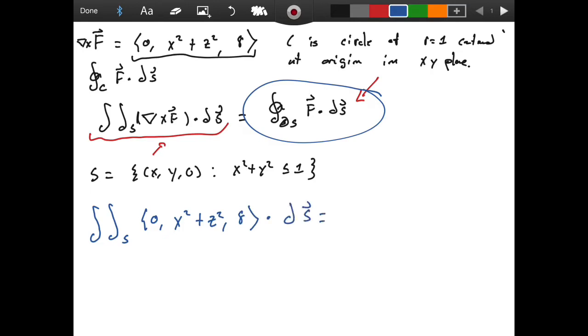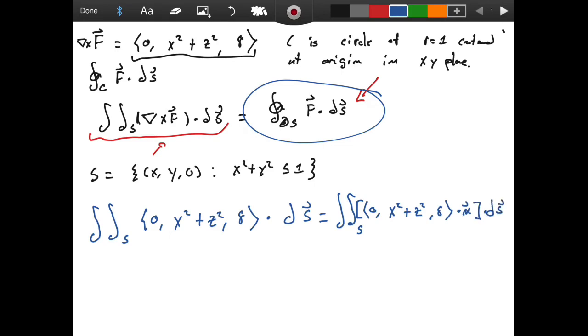Now remember, essentially by definition, a surface integral of a vector field is equal to the surface integral of the following scalar field. Here n is the normal vector.